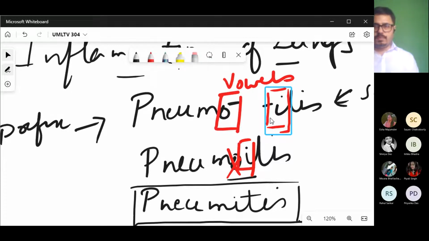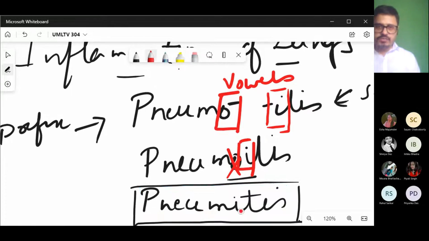So ideally, by the rule, this I should have replaced this O, and instead of that O, there should be itis.